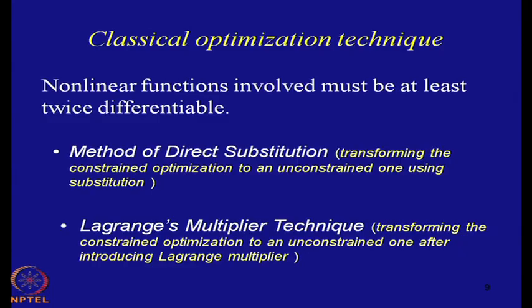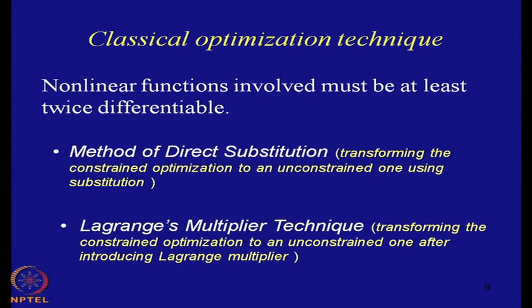This is a combination of algebraic and classical optimization techniques, and this direct substitution method transforms the original constrained optimization problem to an unconstrained optimization problem using the substitution procedure.